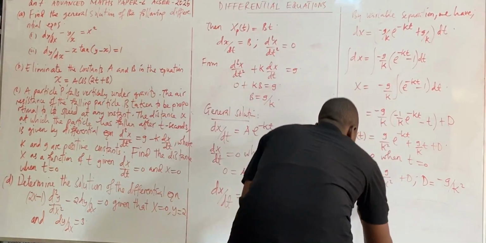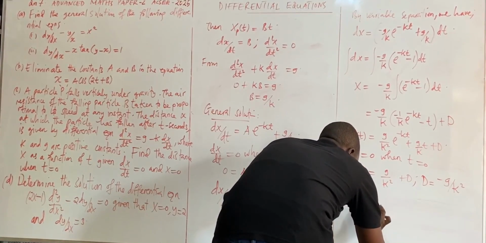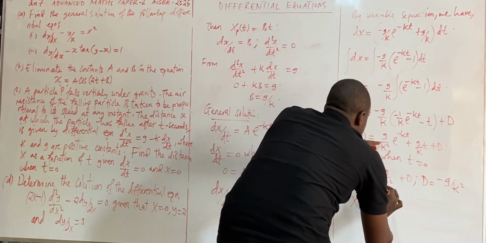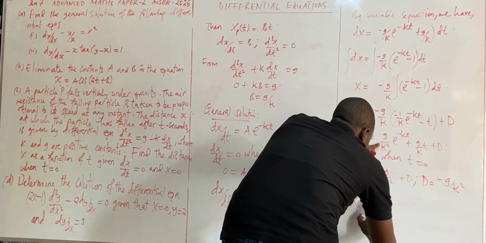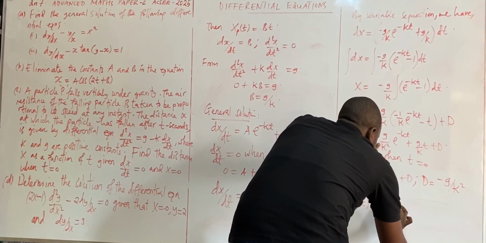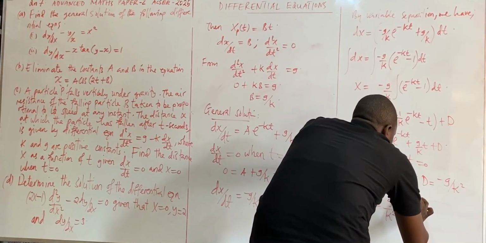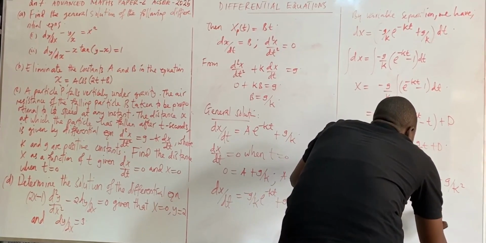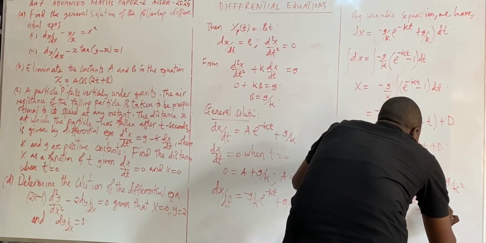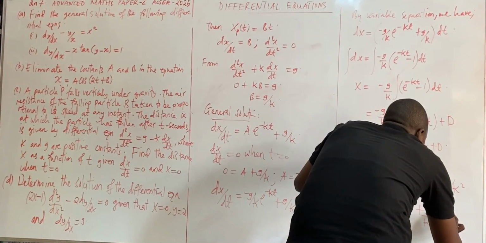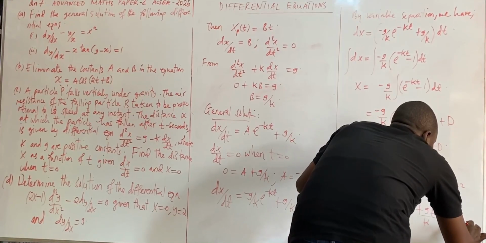So now the function becomes g over k square times e raised to negative kt. Now we plus that g over k times t, then now we plus d, minus g over k square.